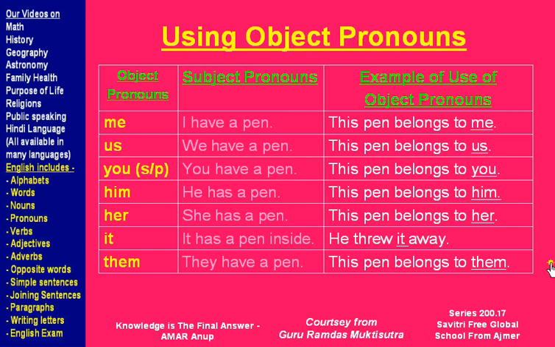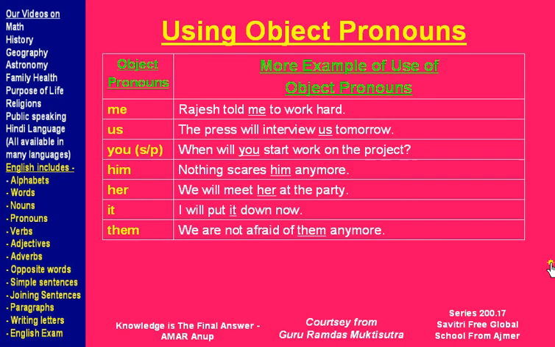So I hope now you are clear on the difference between subject pronouns and object pronouns. Some more examples of use of object pronouns. Rajesh told me to work hard. Now, told is the action. Somebody is telling. Who is telling? Rajesh is telling.